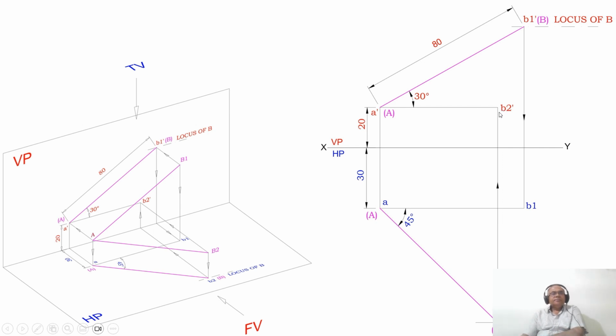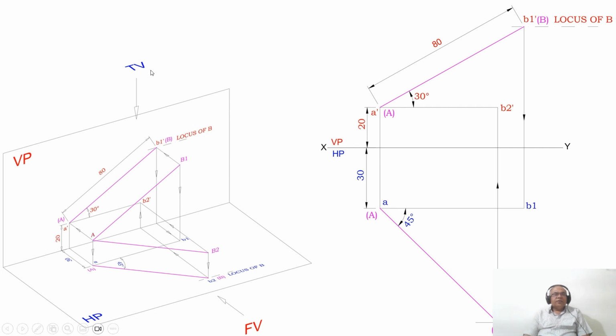Similarly, you know that this is the true length in the vertical plane. Since it is the true length in the vertical plane, that means this line is parallel to VP. When you write the top view, you know that this point A is 30 mm in front of VP. Therefore, B1 should also be in front of VP by 30 mm only.